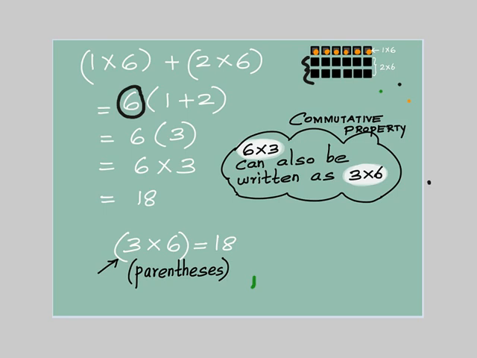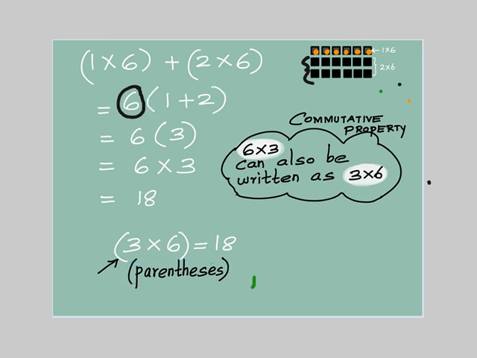If you see this line, the bracket is a parenthesis. Can you see the bracket? So this is the bracket and that is a parenthesis. So I've written 6 outside the parenthesis.